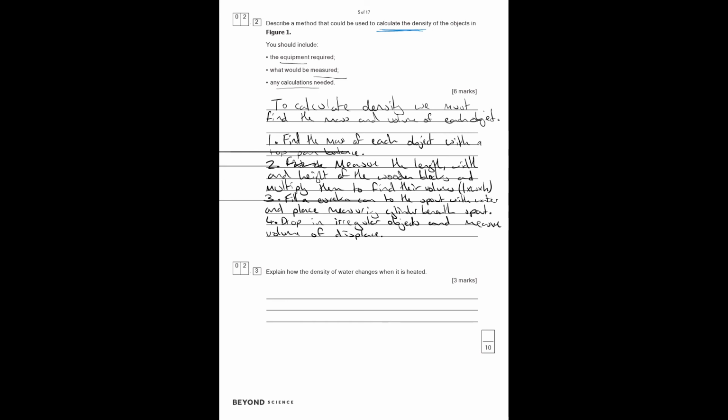That's the water in the measuring cylinder.